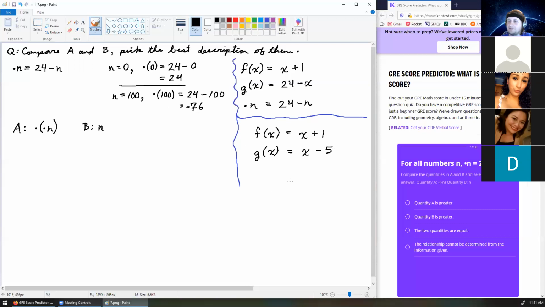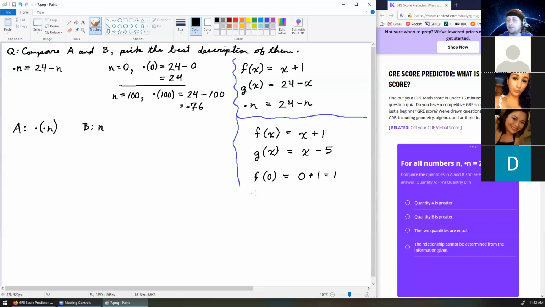Why not? We could actually do a composition of functions. We can take one function and put it inside the other. So what's f of 0? We get 0 plus 1, which equals 1.